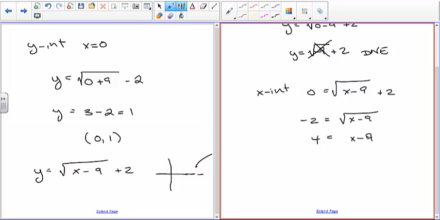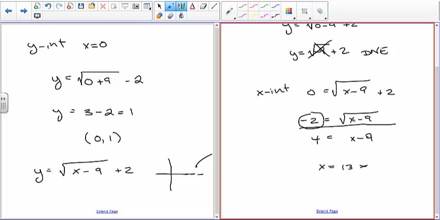And so you'll get x equals 13, I guess. Is that right? Which is not true. And the problem here, when you get to this point, is that the square root of any number is going to be positive. So there's no way you can get a negative 2.